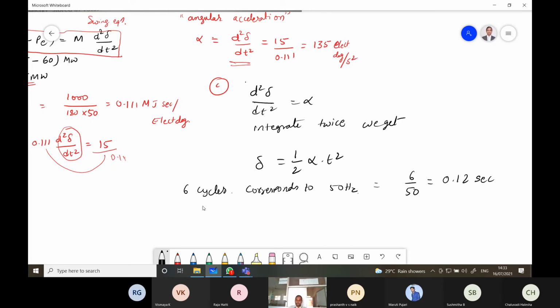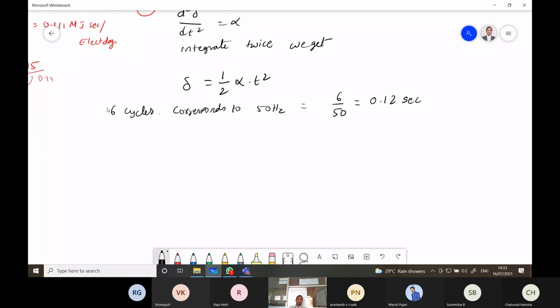Therefore the change in delta at the end of 6 cycles is half into alpha, which is 135, multiplied by t square, that is 0.12 square.